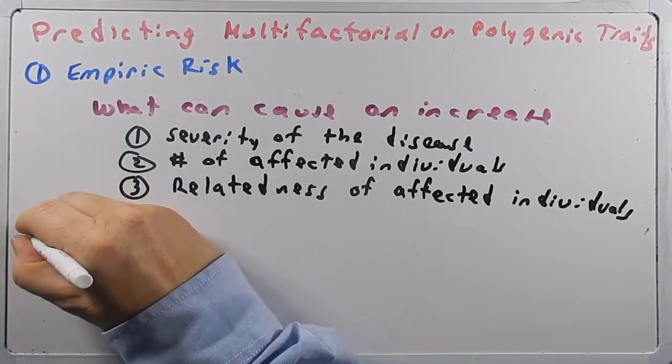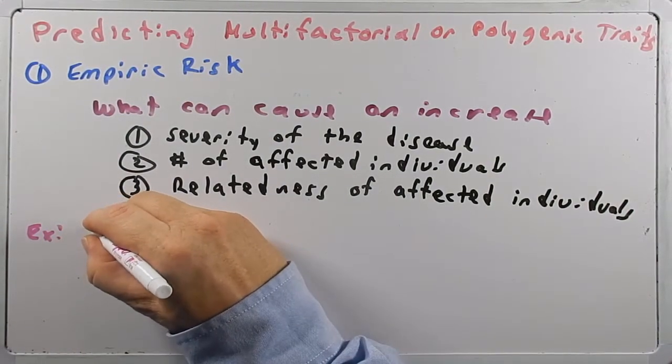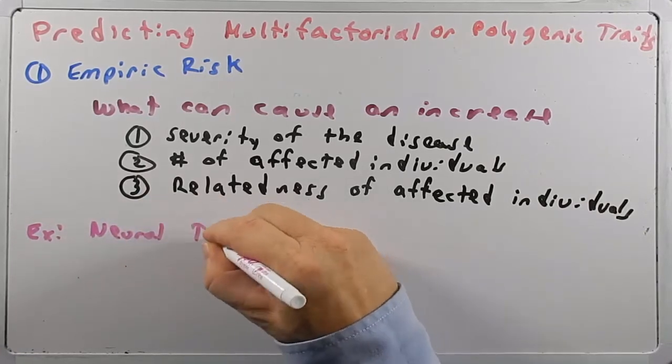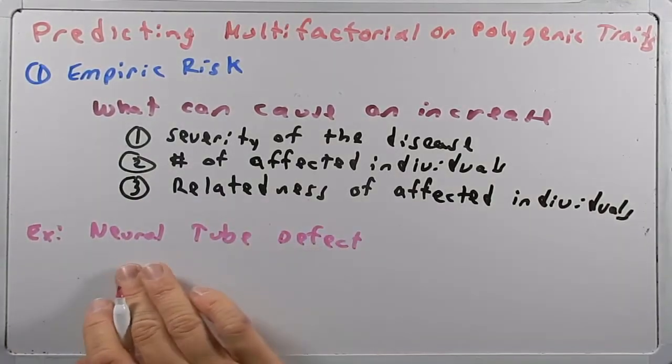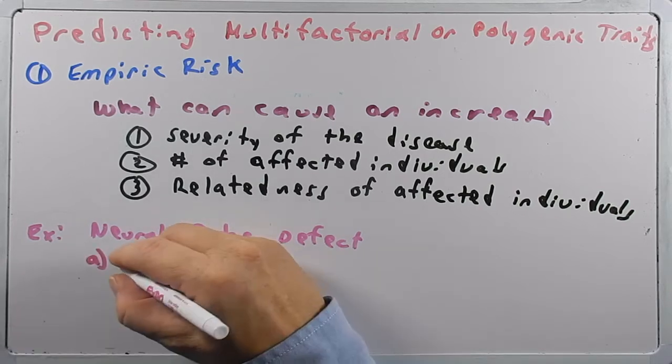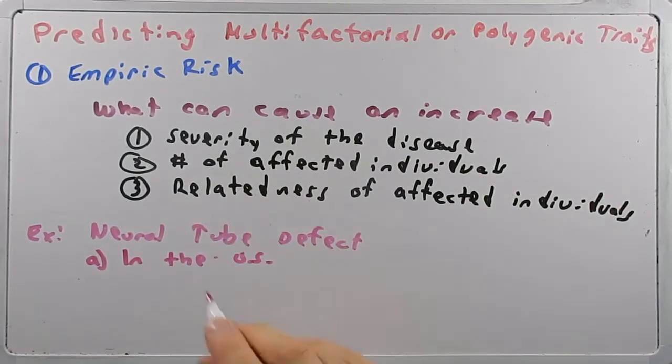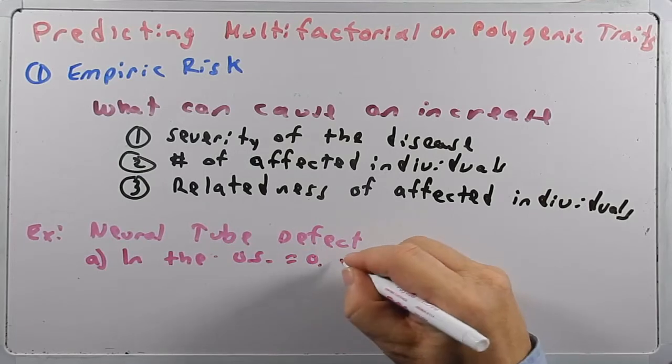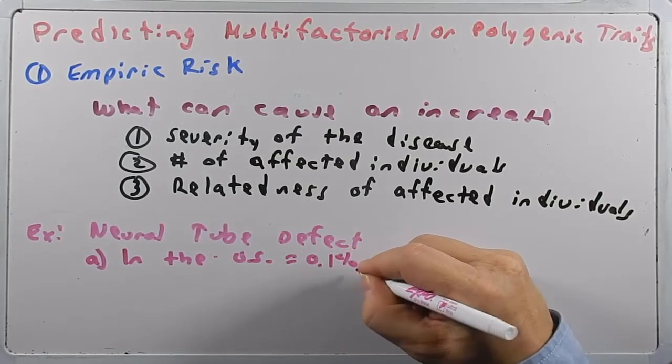As an example, let's consider the trait of a neural tube defect. An example of a neural tube defect would be spina bifida. So let's consider how the empiric risk can change based upon these parameters. So for instance, in the US, the empiric risk is 0.1%. Not super high.